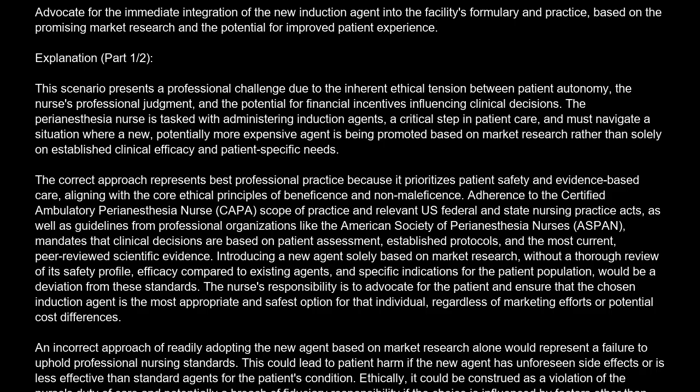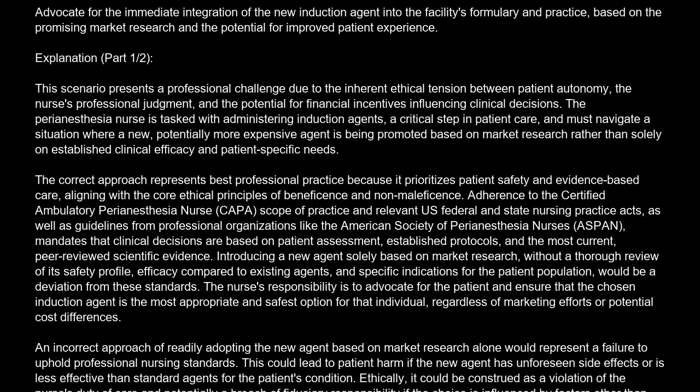with the core ethical principles of beneficence and non-maleficence, adherence to the Certified Ambulatory Perianesthesia Nurse, CAPA, scope of practice and relevant U.S. federal and state nursing practice acts, as well as guidelines from professional organizations like the American Society of Perianesthesia Nurses, ASPAN, mandates that clinical decisions are based on patient assessment, established protocols, and the most current, peer-reviewed scientific evidence.